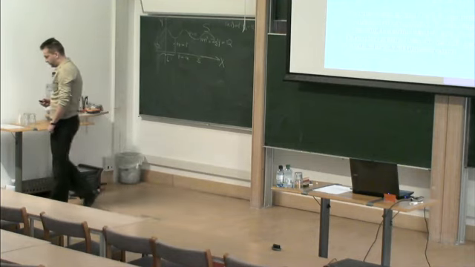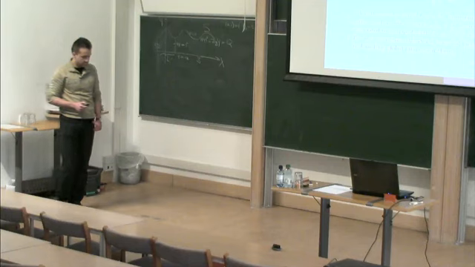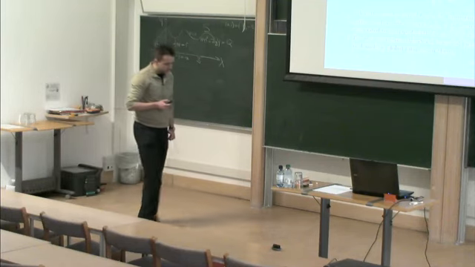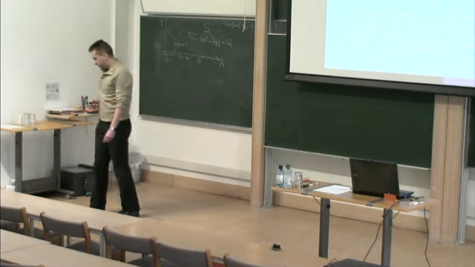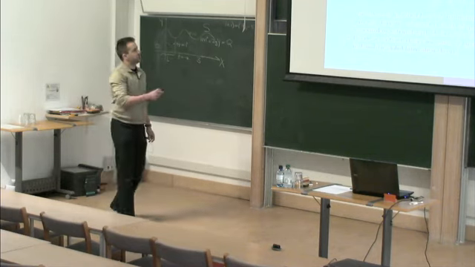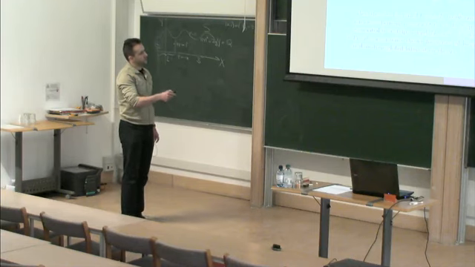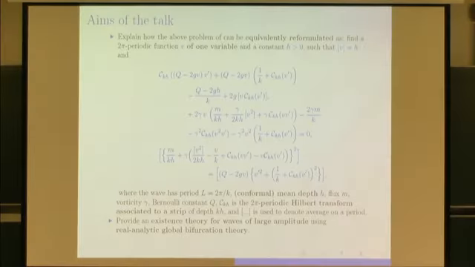But in order to do that, I will reformulate this free boundary problem in an equivalent way. And the equation that I get is this one, which is written here. To get to this, I'm going to be using some complex and harmonic analysis.